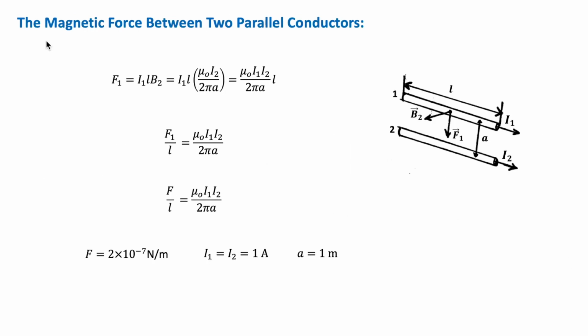So we will now discuss the magnetic force between two parallel conductors. We have previously shown how a current-carrying conductor, like a straight wire placed in an external magnetic field, experiences a magnetic force, right? And we have also shown that a current-carrying conductor has its own magnetic field, okay?